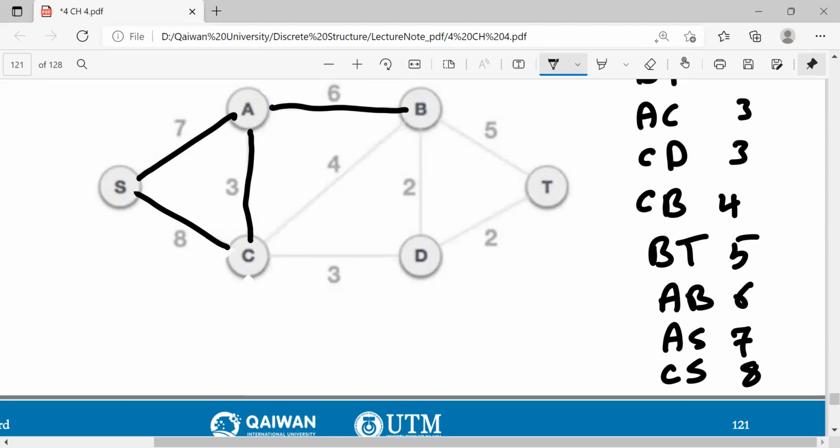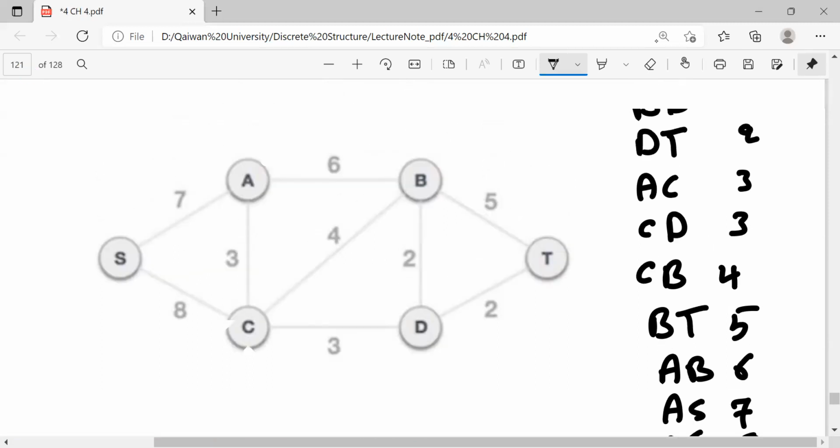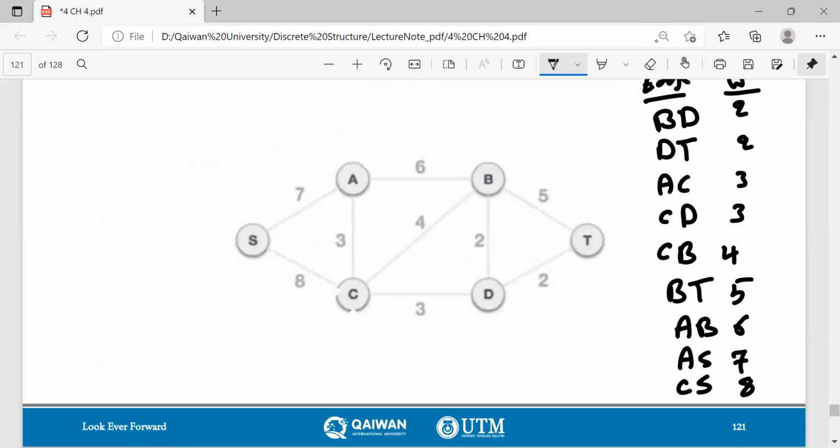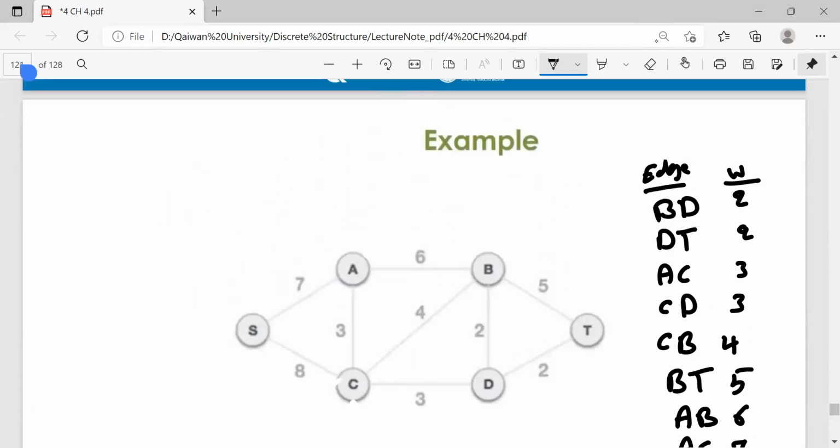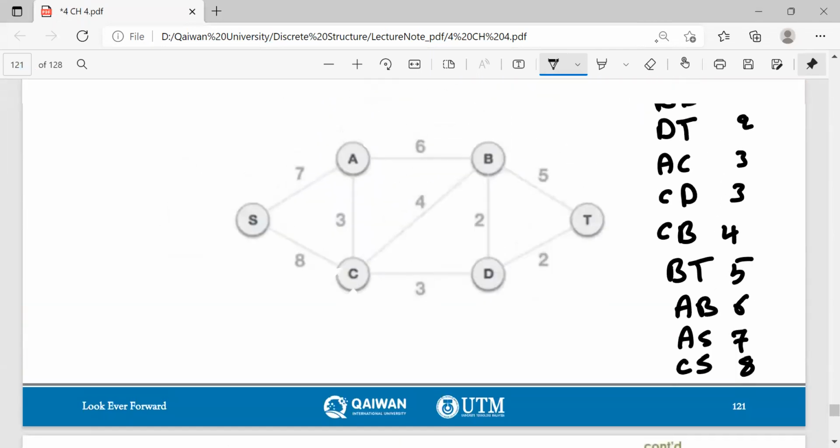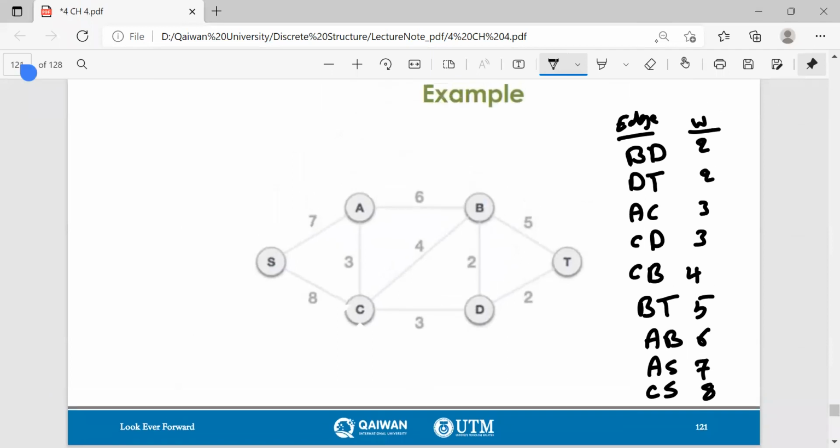This is the ordering of the edges from least to greatest. Now we start from the least one and draw them. BD, we take this one.